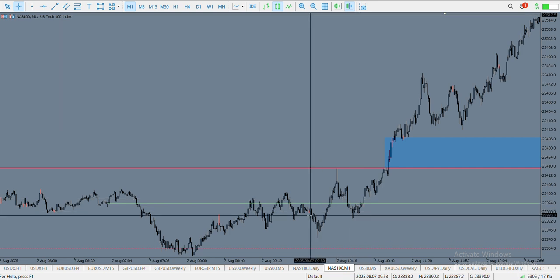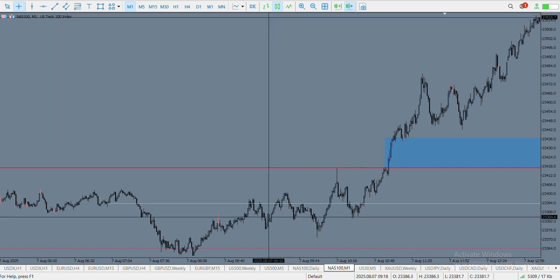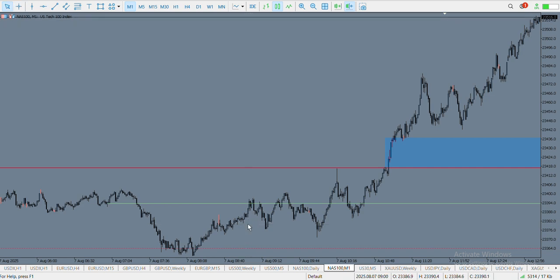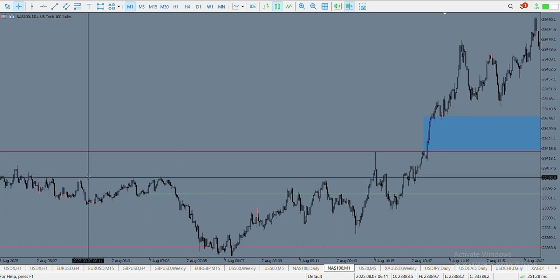Today London opens up right here, and then we had price beating around this area. We ran into these relative equal highs right here. You can obviously see the movement right here. This is wild.